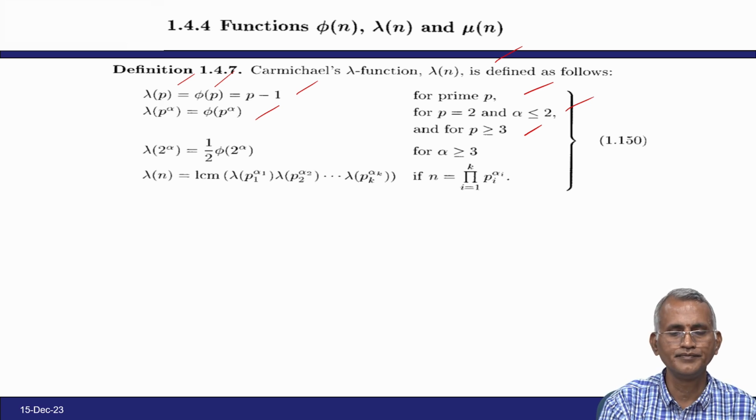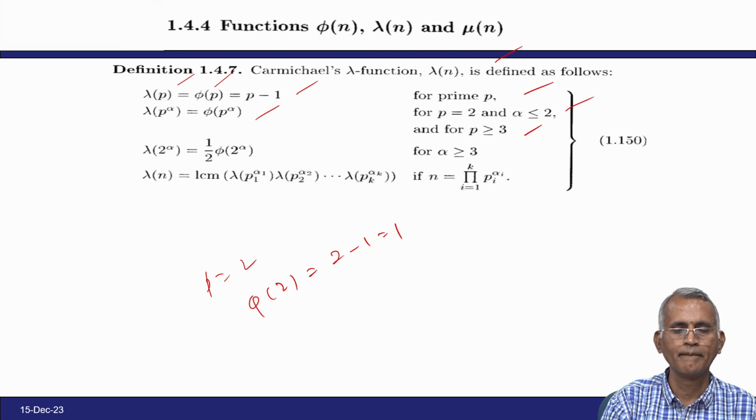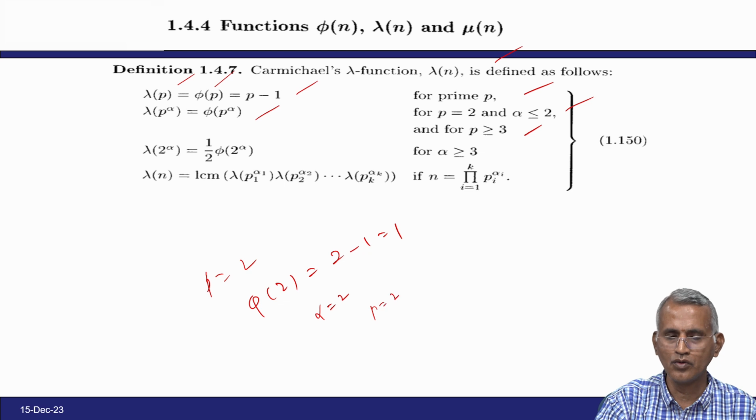Say if p equal to 2, then phi of 2 equal to 2 minus 1, which is 1. If alpha equal to 2 and p equal to 2, then phi of 2 square equals phi of 4.